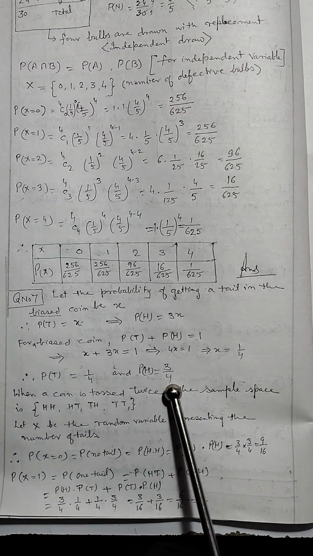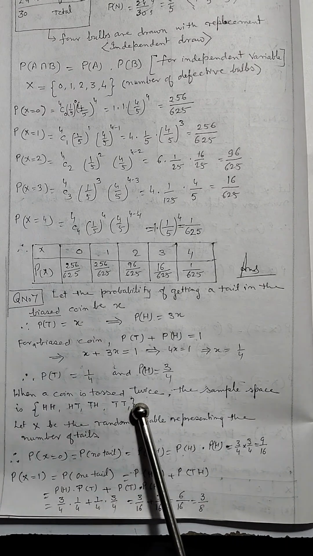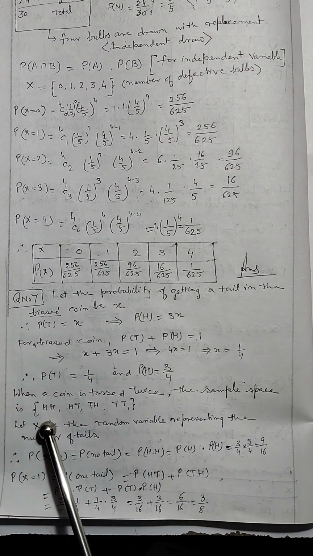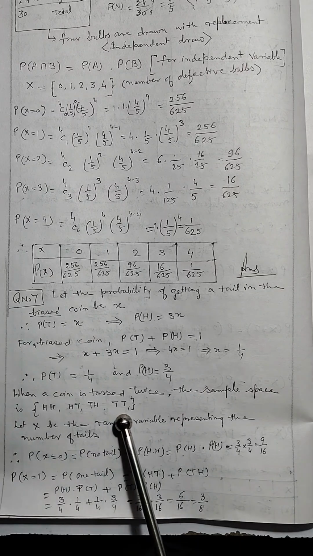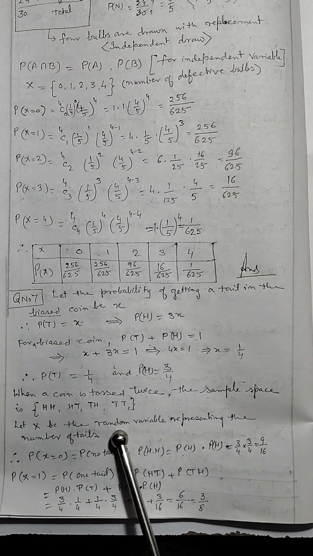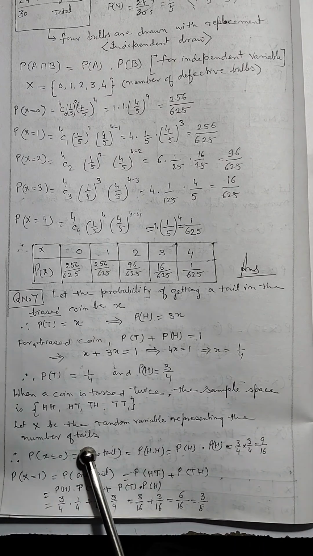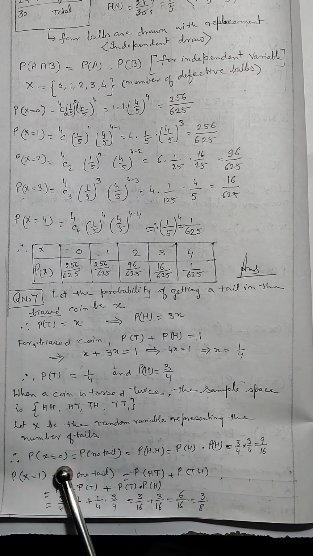When a coin is tossed twice, the sample space is given as head head, head tail, tail head, tail tail. Let x be the random variable representing the number of tails. Therefore, x is equal to 0.